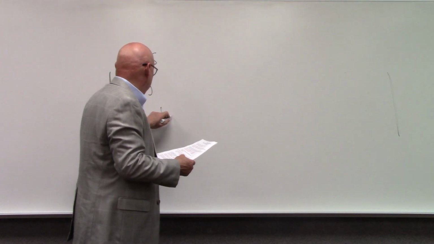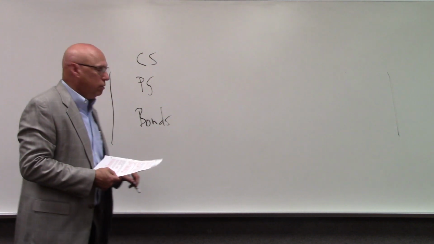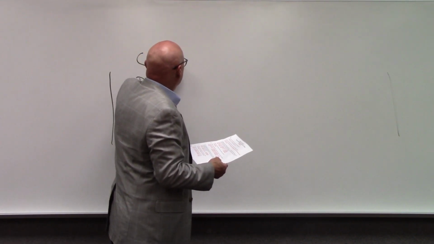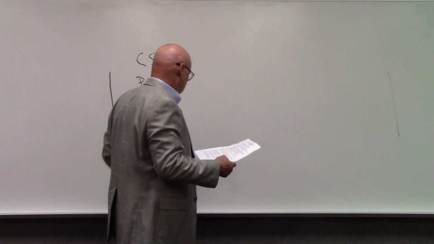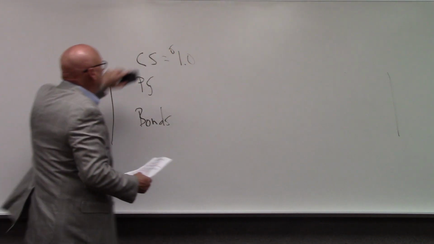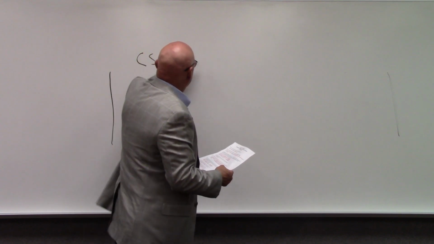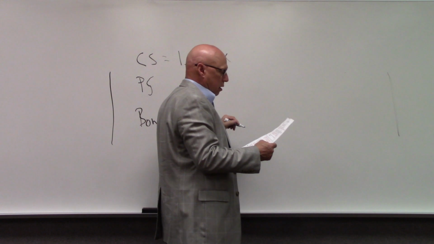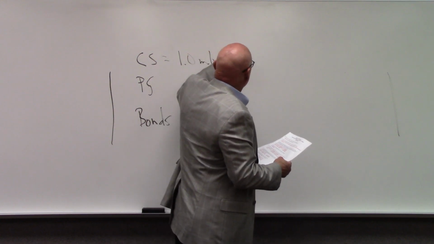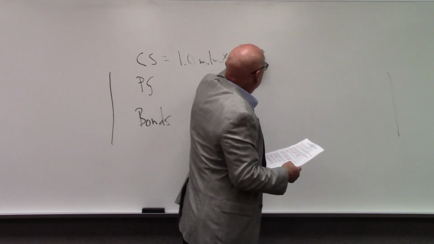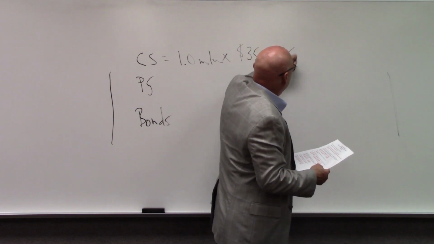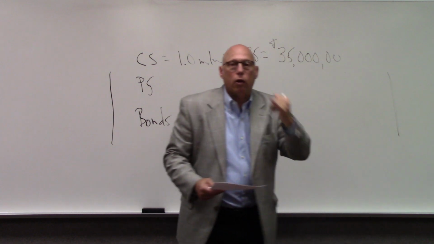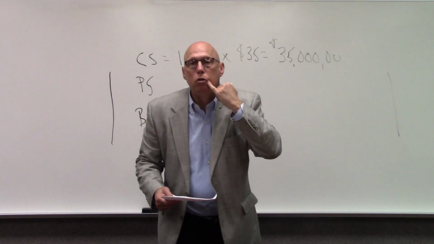So the market value of the common stock is equal to 1.0 million shares times the price per share of $35, and we get $35 million.